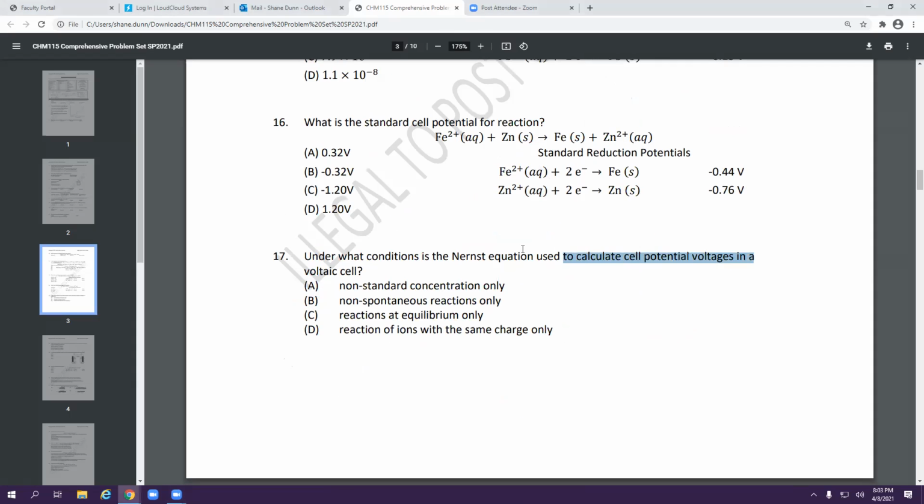Okay, under what conditions is the Nernst equation used to calculate the cell potential? My lab students, what did I tell you to do when you did this? To cry. I didn't tell you to cry. You guys cried anyway. I told you to wait until the machine told you to stop changing numbers, right?